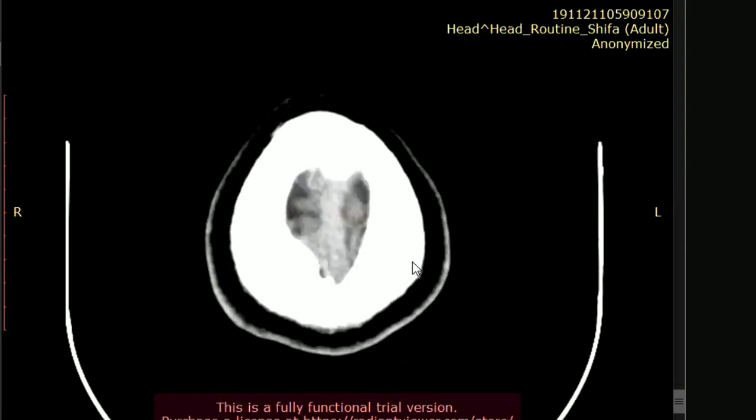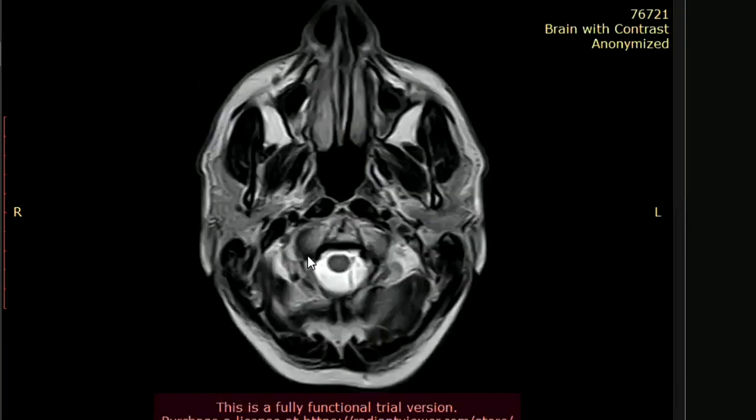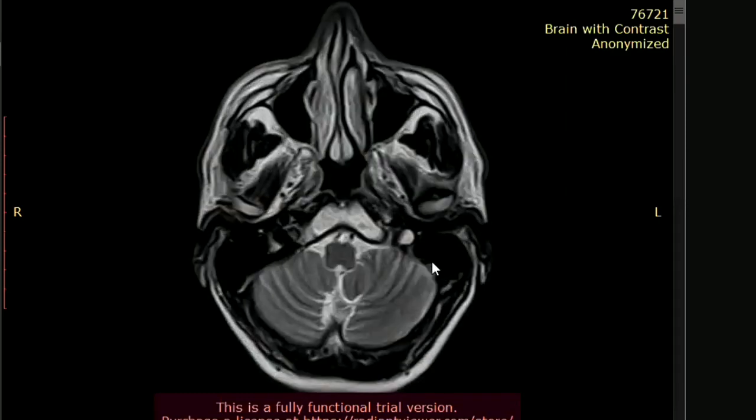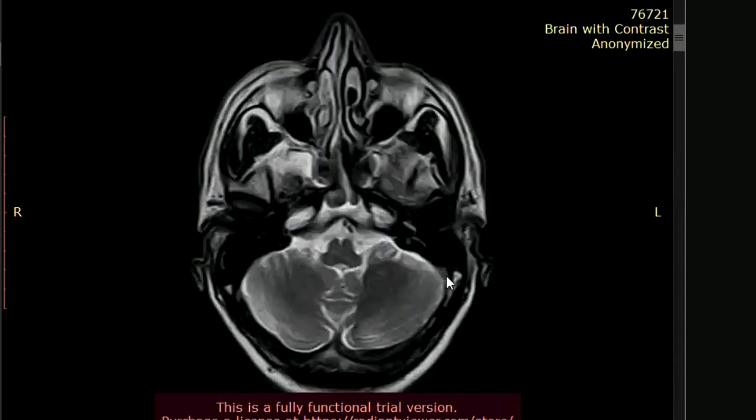Then we did MRI, which showed all the features, because normally you see signal void, but here there was bright signal.